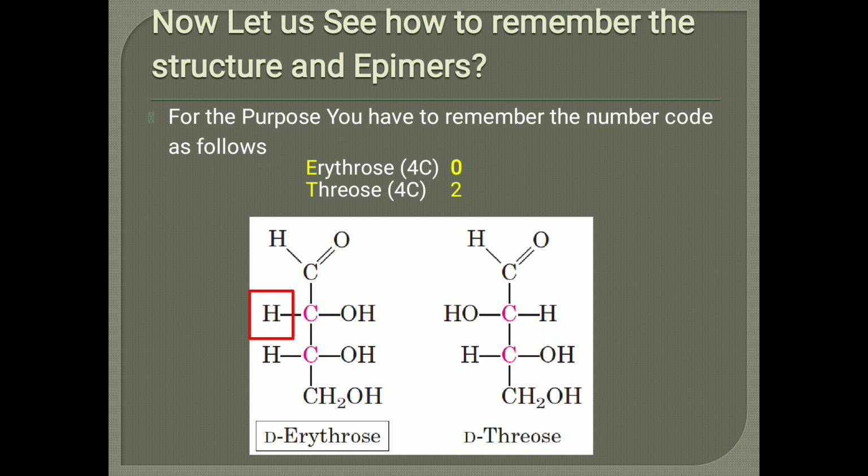Now 2, what is meant by 2? We can see that in the second carbon, OH is on the right side. So that is what actually is meant by the 2. So in case of threose, the second carbon OH will be on the right side.